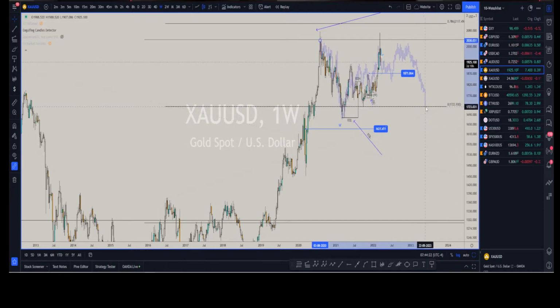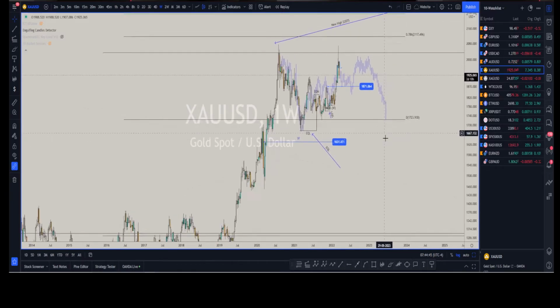Yeah, so I'm looking. Consolidation, pumped, it went a bit higher, came back down, then went back up, and it should take us till mid of 2023. So end of 2022, mid of 2023, before continuing.